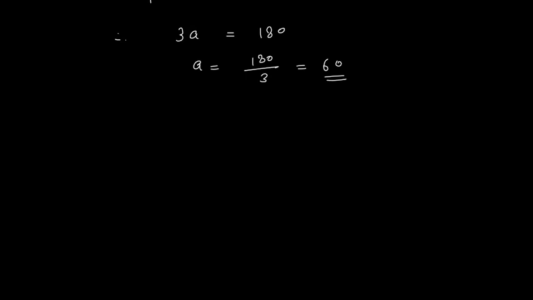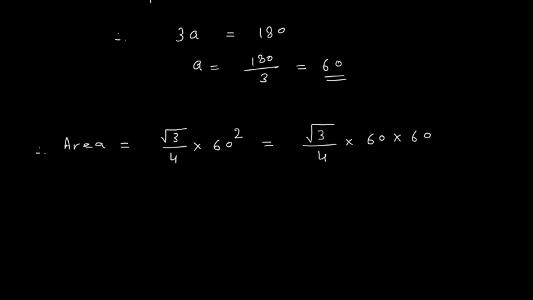Therefore the area of the equilateral triangle is root 3 divided by 4 into A square, that is 60 square. So this gives me root 3 divided by 4 into 60 into 60. Now I can cancel 2 to the 4, and here I will get 30, and similarly here I will get 30.